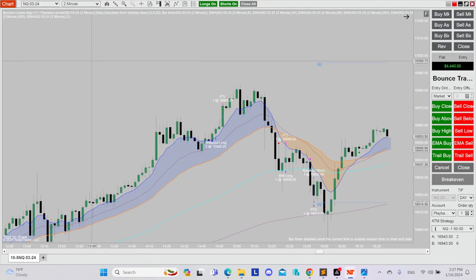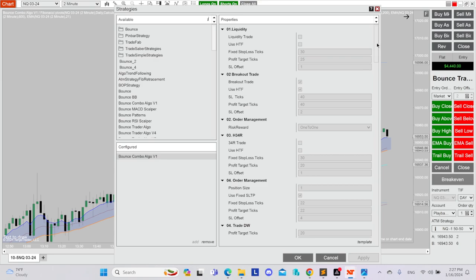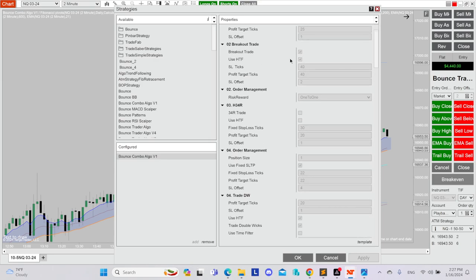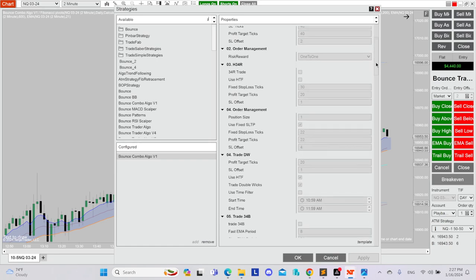And when we go to the strategy for a breakout trade, we want to use HTF because there is some internal logic from the 5 minute time frame chart. Again, stop loss and profit target are both 1-to-1, which is nice.